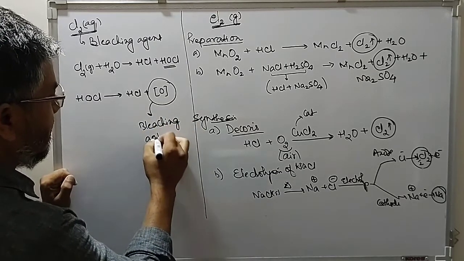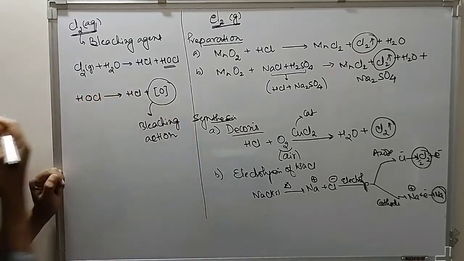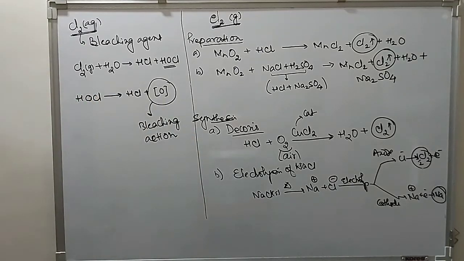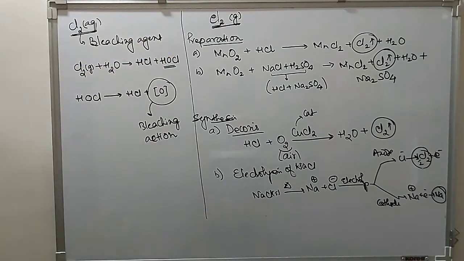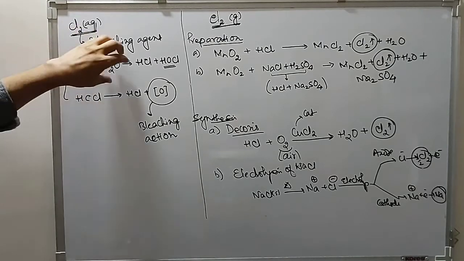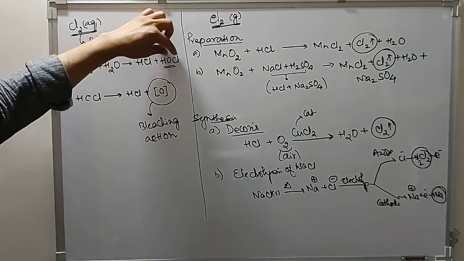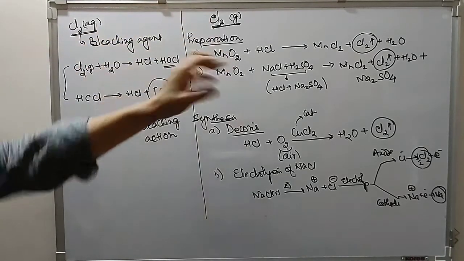Bleaching action. So look at this. The bleaching action of aqueous chlorine gas is due to the formation of this nascent oxygen. So the chemical reaction is, in the first step, chlorine gas reacts with water to give you HCl and HOCl, hypochlorous acid.